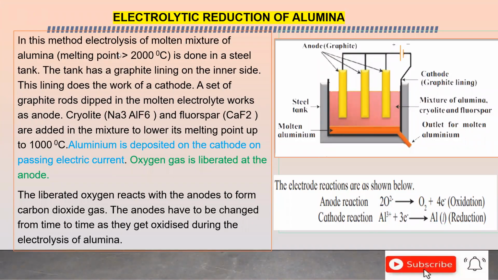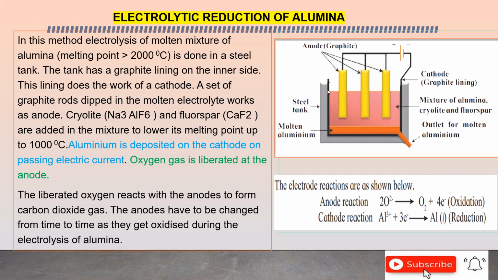In the electrolytic reduction of alumina, it consists of a steel tank. The inner lining of the steel tank is graphite lining. This graphite lining acts as the cathode and the graphite rods act as anode.